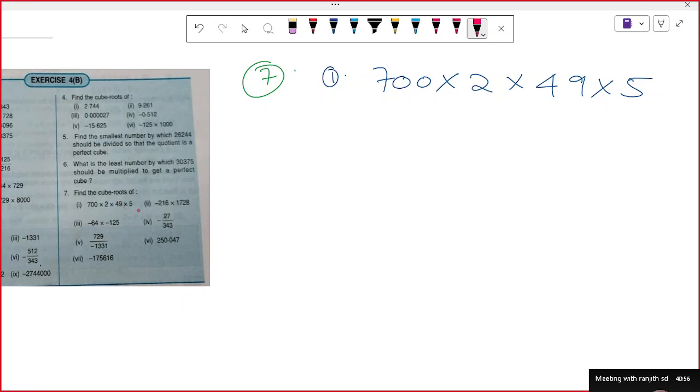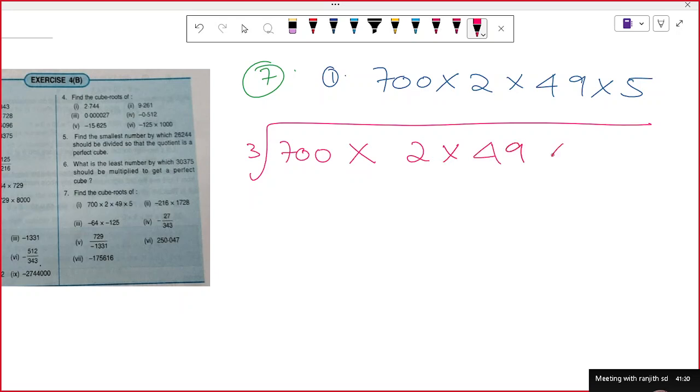Okay, try the seventh main first question. Look, there is a multiplication sign, but what we do is write everything together. 700. Can you see the screen? Is it being shared? Yes, sir. Other students are online, right? Okay, 700 into 2 into 49.